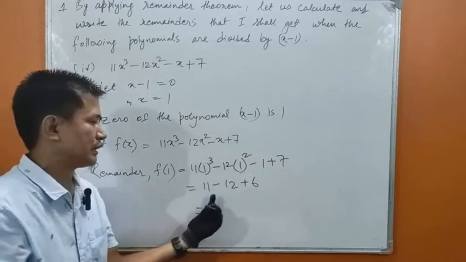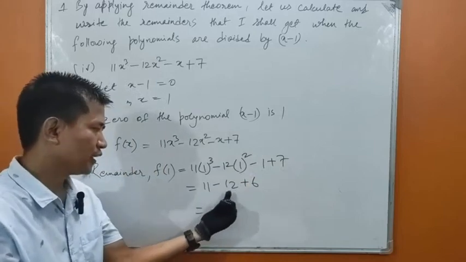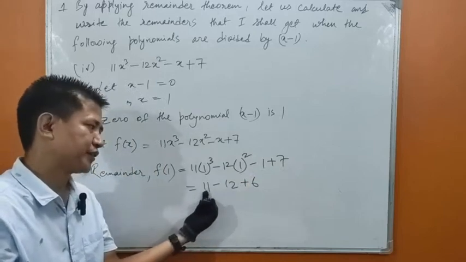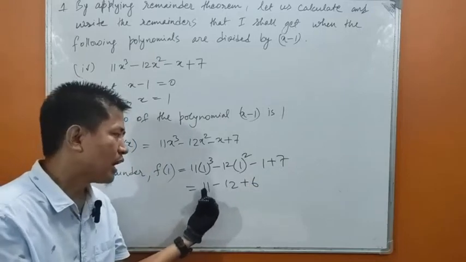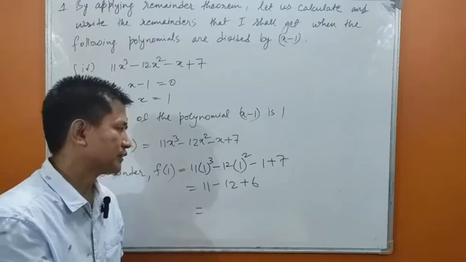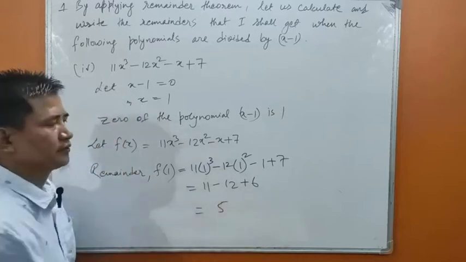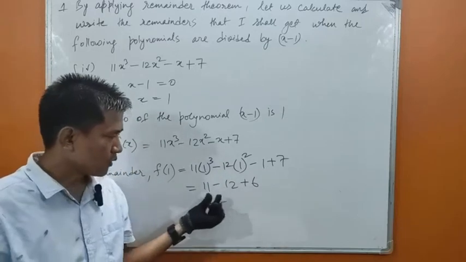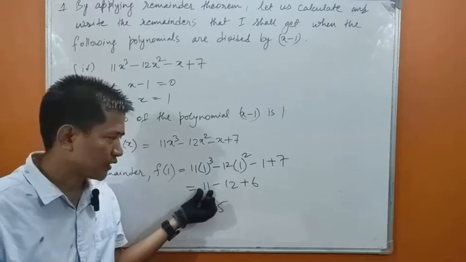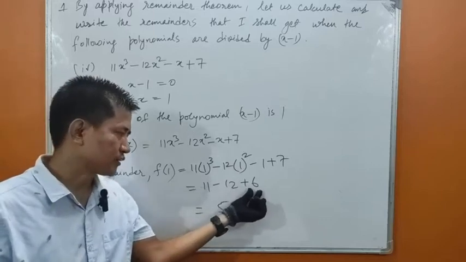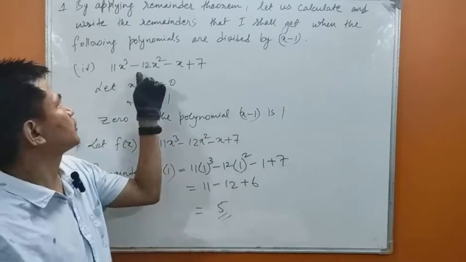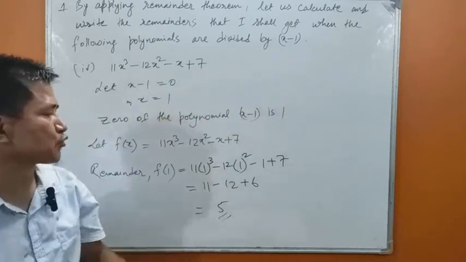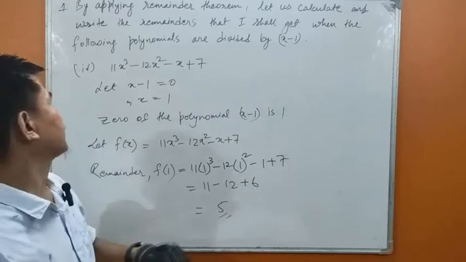So 6 and 11, okay, 12 minus 11 is minus 1, and minus 1 plus 6 is plus 5. Are you getting me? Minus 12 plus 11, that is minus 1. Minus 1 plus 6 is plus 5. This is the remainder. When this expression is divided by x minus 1, the remainder will be 5.